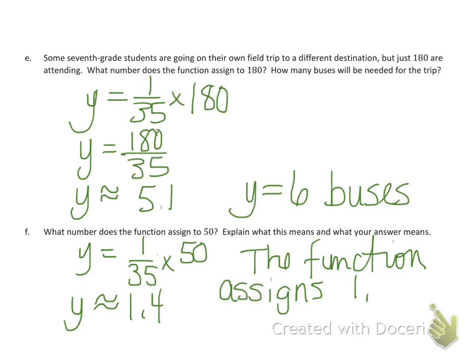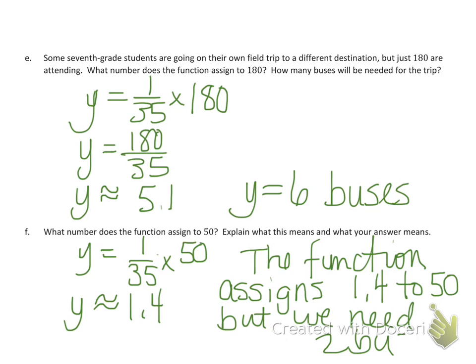Well, we could say it either way. The function assigns 1.4 to the input of 50, but we will need 2 buses, something to that effect. Okay, so again, here's an example of a function that we need to interpret. Okay, so let's look at example 2.